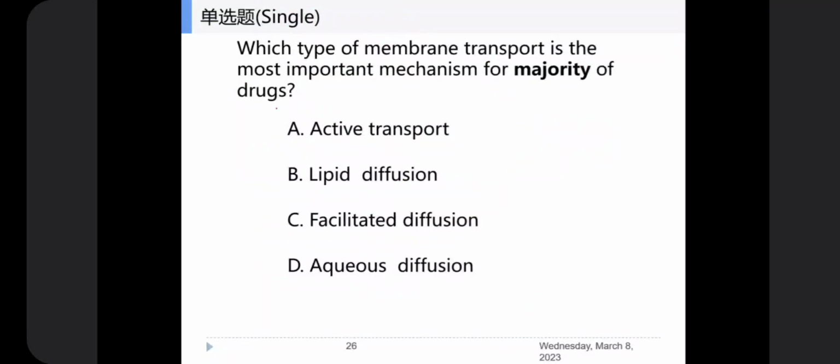Next one, which type of membrane transport is the most important mechanism for the majority of drugs? This is a single choice. For most drugs, crossing the membrane relies on what mechanism?